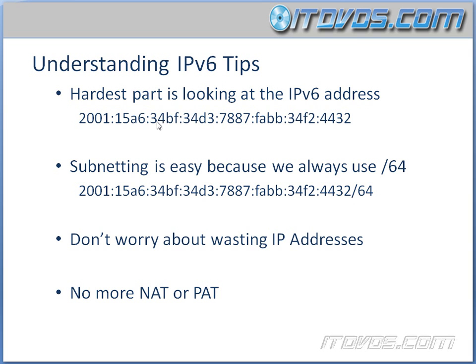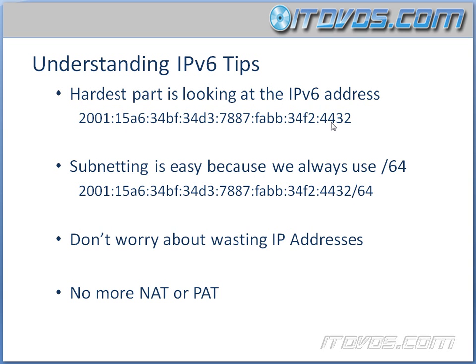So the first thing is, the hardest part of IP version 6 is looking at the address. So here's an IP version 6 address, and you can see, man, this looks difficult. There's letters and numbers, much more difficult and longer than an IP version 4 address. IP version 4 was all numbers, and in general, we could pretty easily memorize an IP version 4 address.